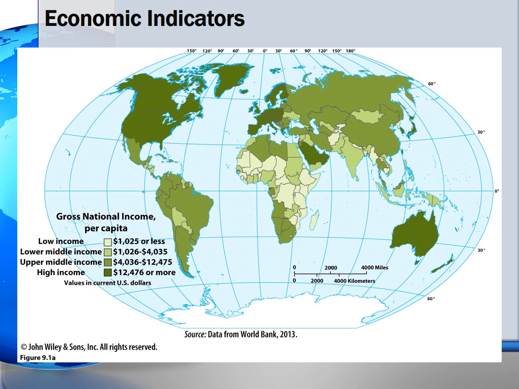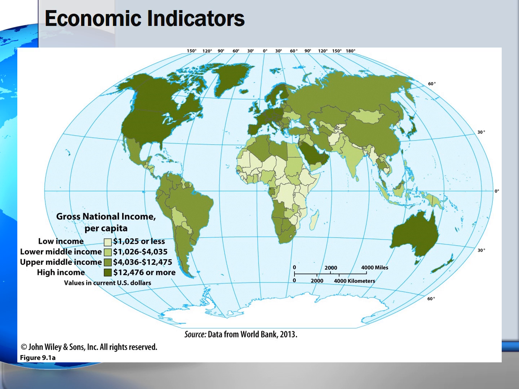There are many different economic indicators to gauge development, but the three basic ones are gross national income, gross domestic product, and poverty. Gross national income, commonly referred to as GNI, is the total monetary value of goods and services produced in a year by a country, whether inside the borders or outside.